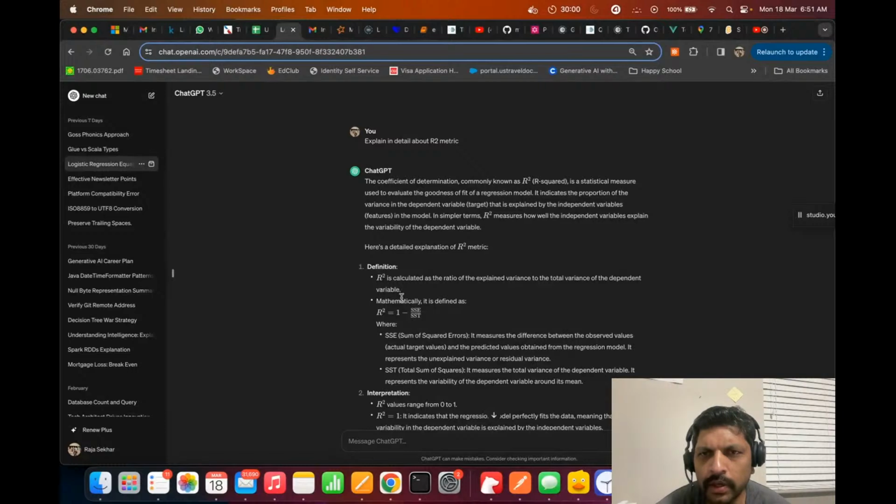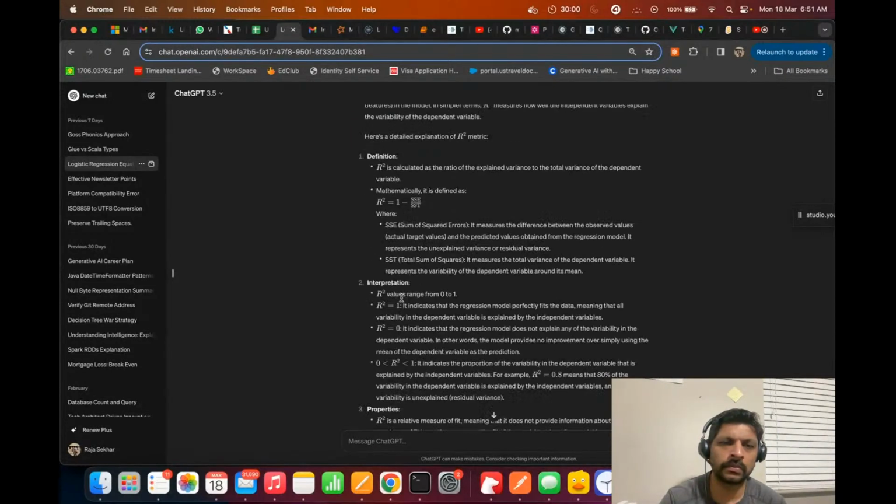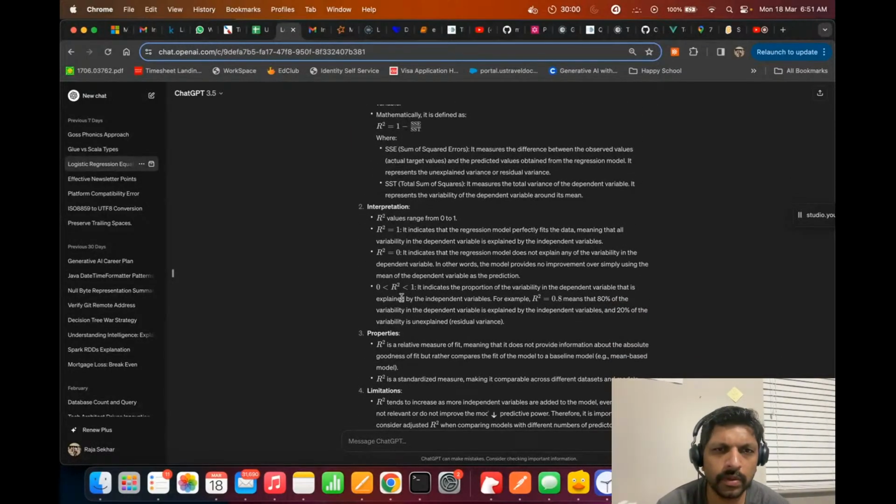It means how well the independent variables explain the variability of the dependent variable. This is calculated as the ratio of the sum of squared errors to the total sum of squares. It ranges from 0 to 1.